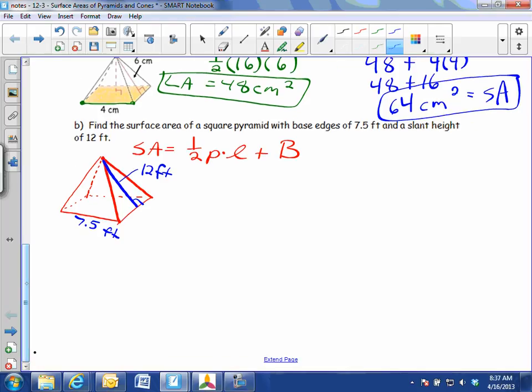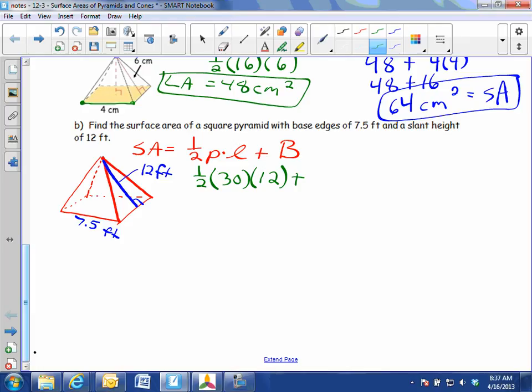All right. So if we were to fill out what we know, finding the surface area, what's our perimeter? Is it 30? 7.5 times 4, 30. Okay. Because remember, this is 7.5, 7.5, 7.5, 7.5, because it tells us it's a square. So 7.5 times 4. What's our cursive L? 12. This is the slant height.